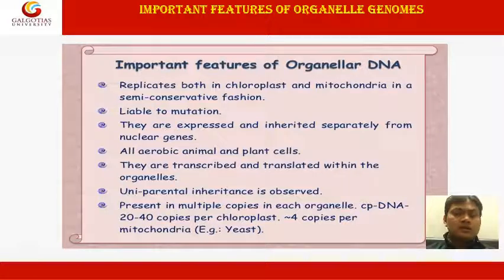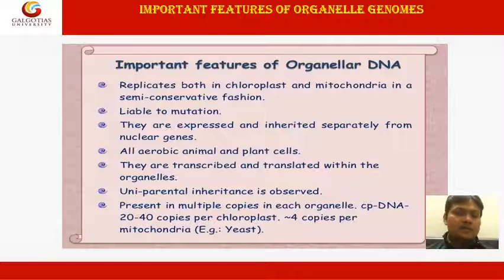The next property is that all aerobic animal and plant cells have organelle genomes, and they can be transcribed and translated within the organelles. Just as the nuclear genomes have the property of transcription and translation, the organelle genomes can also transcribe and translate within the organelles.